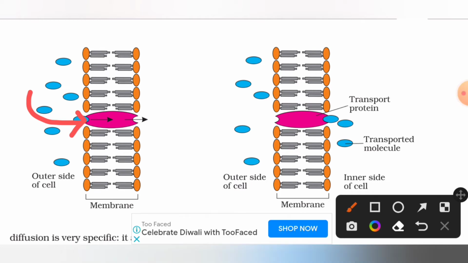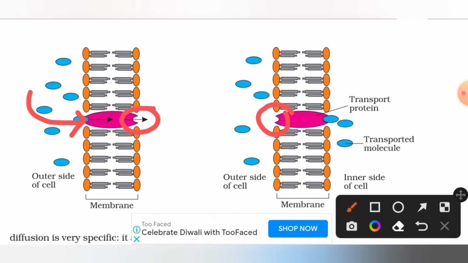The transport protein will rotate. Here you can see it is rotating. This part came to this side, it rotates and turns around and then transports that molecule inside the cell.